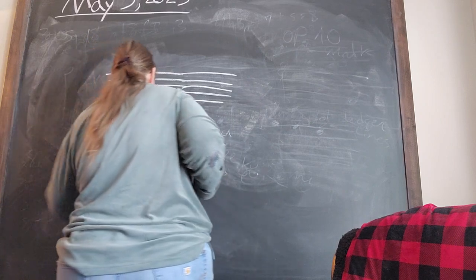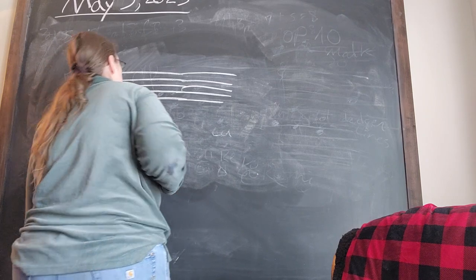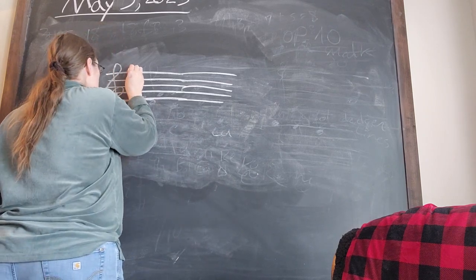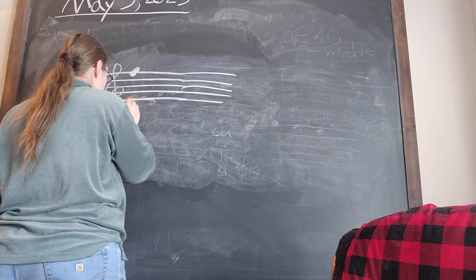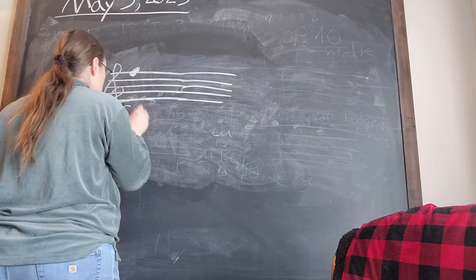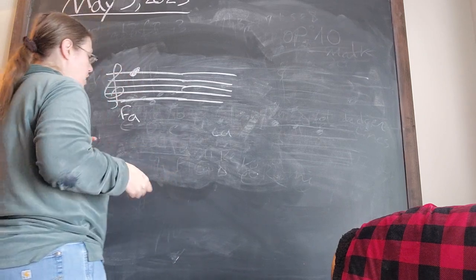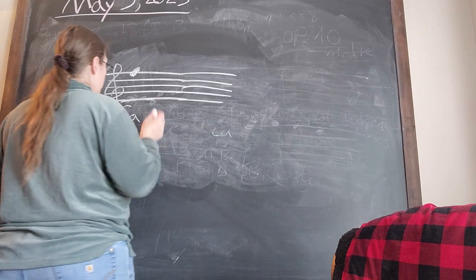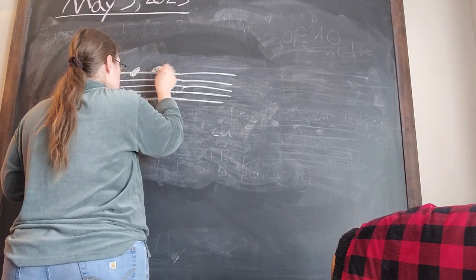Okay, so we know where Fa is, the upper note here. Gonna draw that in. This is Fa. This is the last note on the staff. Continuing up, this is Sol.